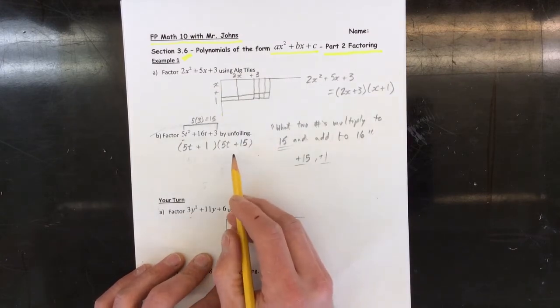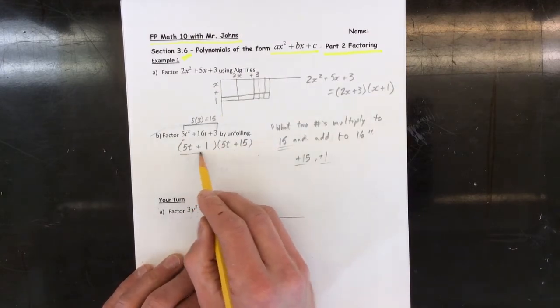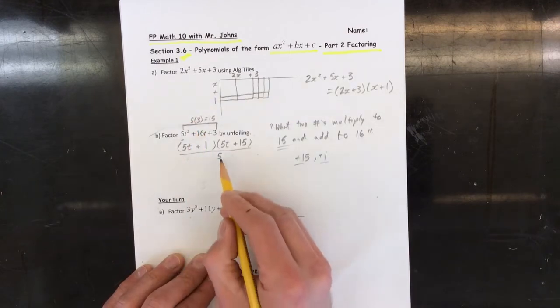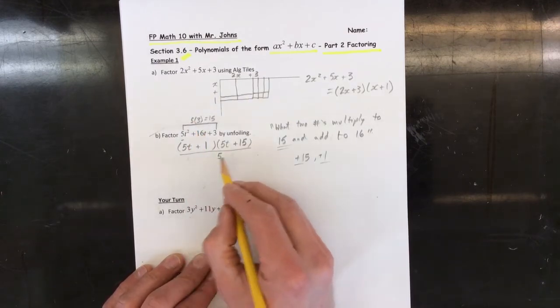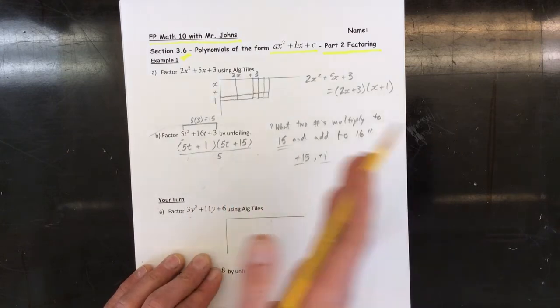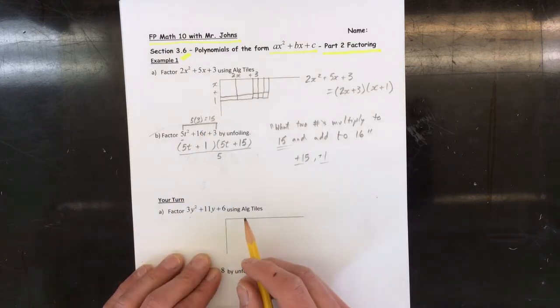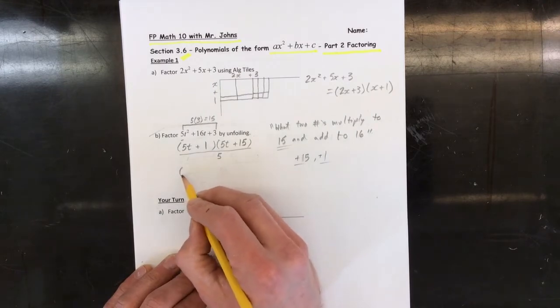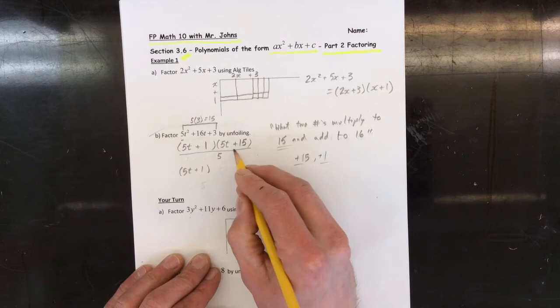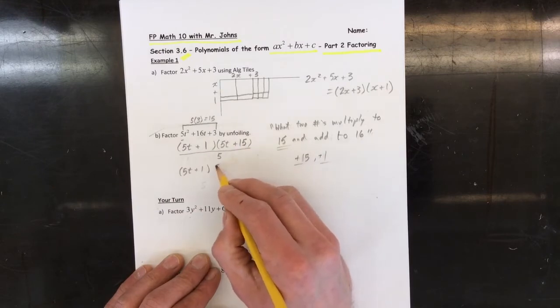Now one of these factors is bigger than it needs to be. In fact, we put an extra factor of 5 in here. So I'm going to divide everything by 5. If you look carefully, 5t plus 15 can be simplified. So 5t plus 1, and I'm going to remove a factor of 5.